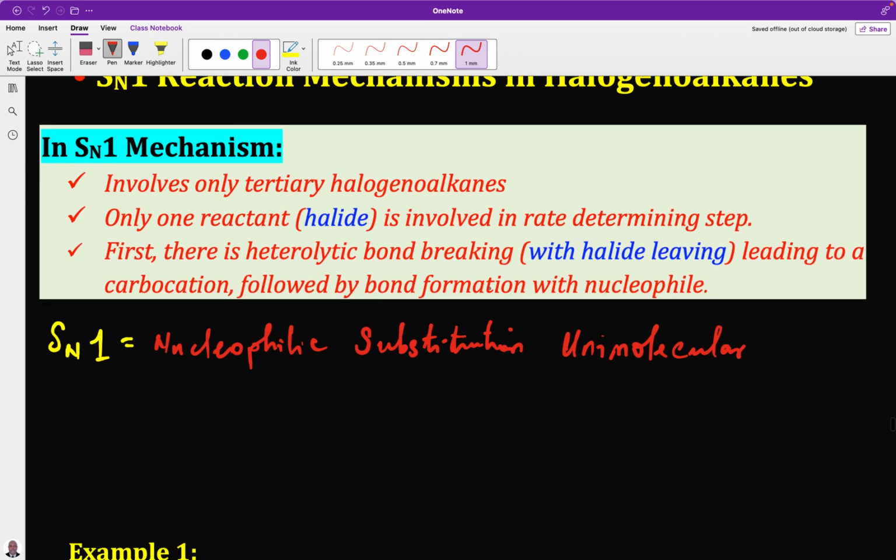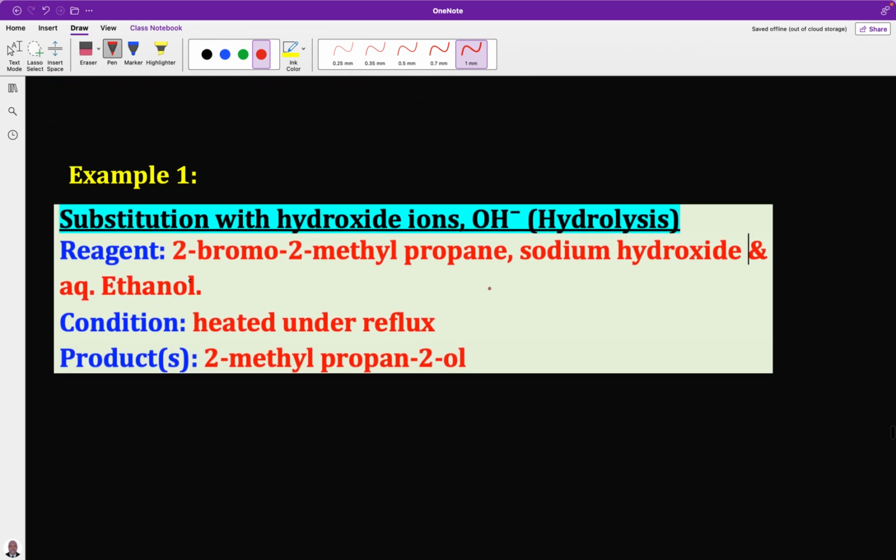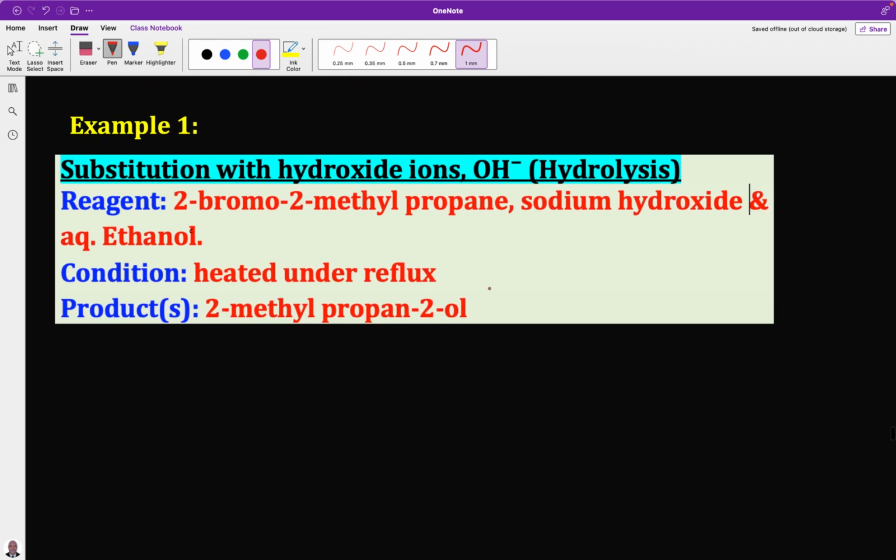Our example here is substitution with hydroxide ion. The halogenoalkane we'll be using is 2-bromo-2-methylpropane, with sodium hydroxide and aqueous ethanol as the reagents.